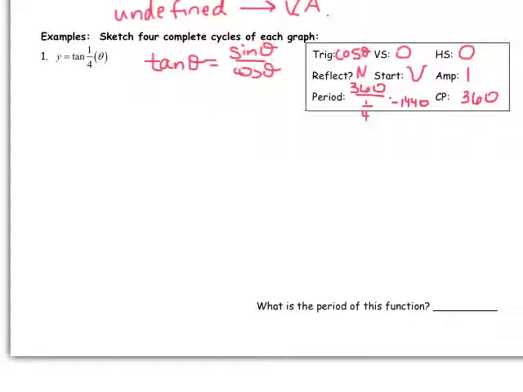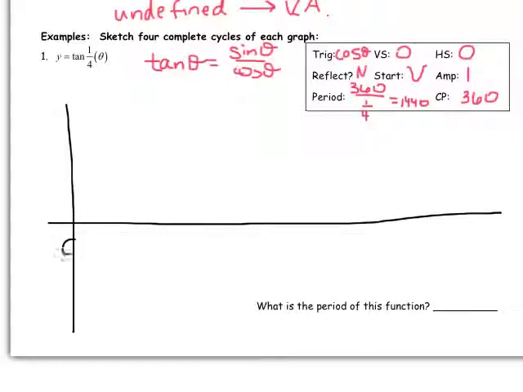Okay, so if we graph this, again, you're just graphing as if this were cosine. Start at the 0, 1, 2, 3, 4.